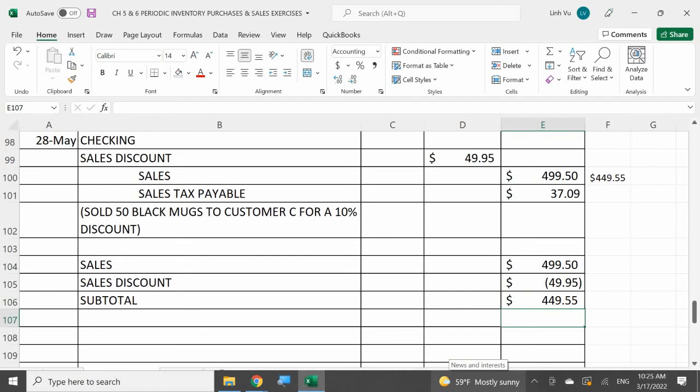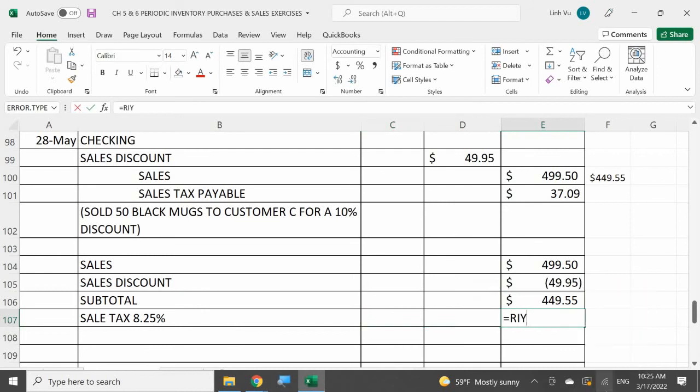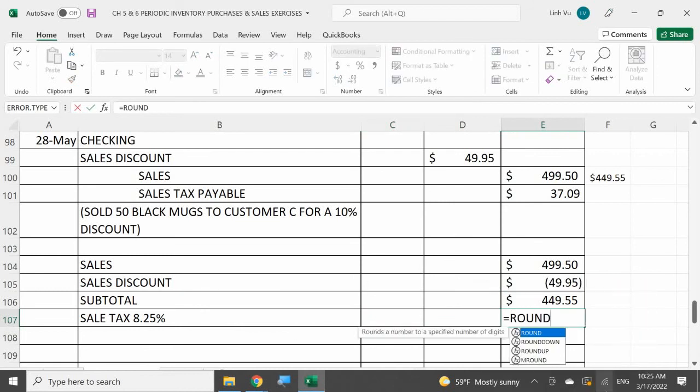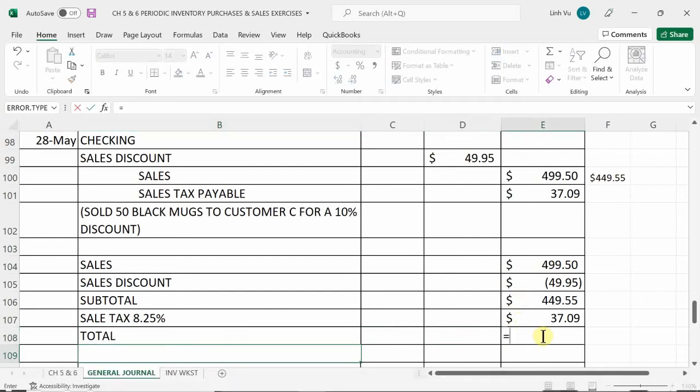Now, after you get the discounted amount, it's going to charge you the sales tax of 8.25%, which is going to add to your total amount of $37.09. So then at the end of your receipt should give you your grand total of these two numbers added together, which gives you the $486.64, which you just solved for.